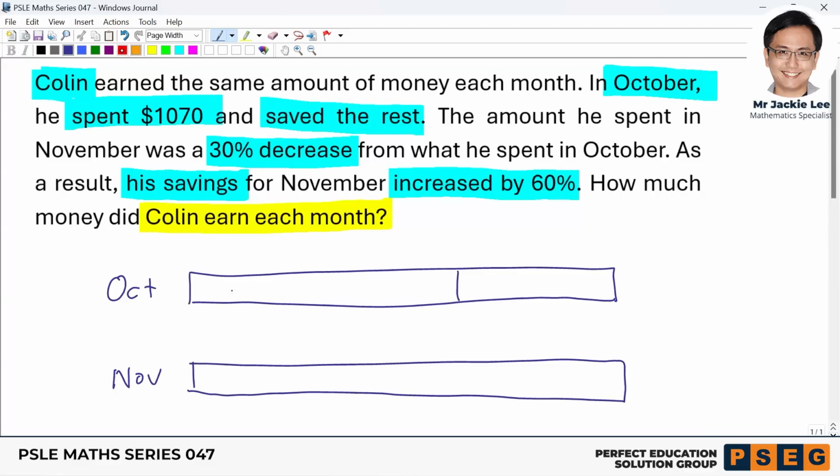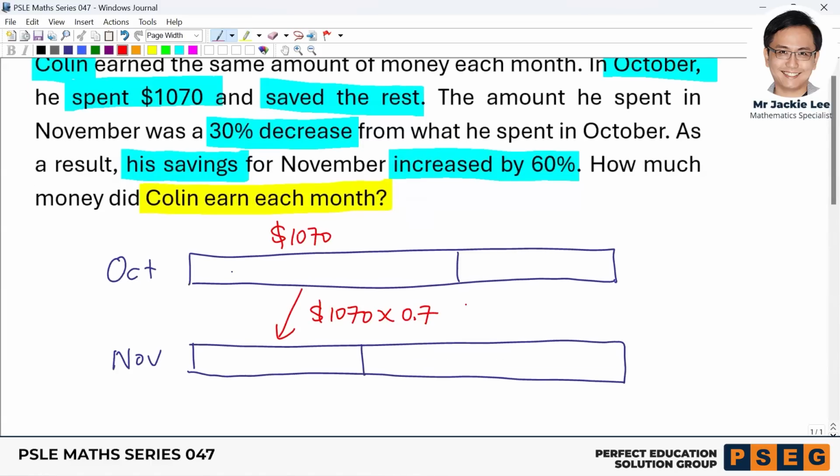Okay, so this is 1,070. And this saving dropped by 30% in November. So let's say it's here, right? So this amount, from here to here, should be 1,070 times 0.7, right? Because reduced by 30%.